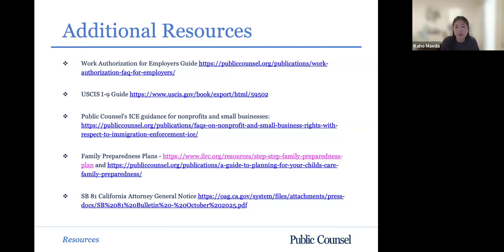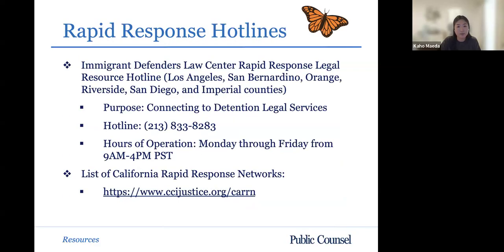And then Public Counsel also, we have a couple publications and resources about guidance for responding to ICE for nonprofits and small businesses. And then also some resources about, again, creating those family preparedness plans with those families. And then we can flip to the next slide.